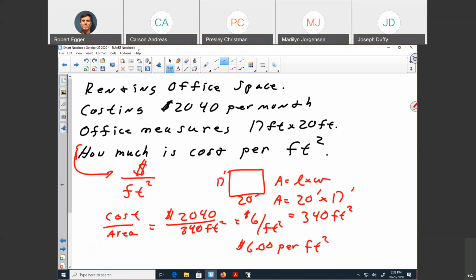I did not see that one coming, being a perfect number. So a lot of times in these problems, watch the units. A lot of times the units will tell you the setup.